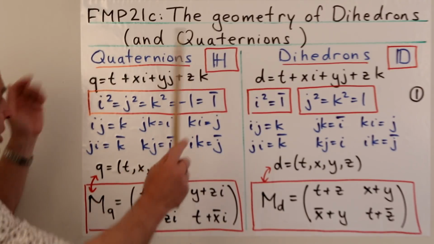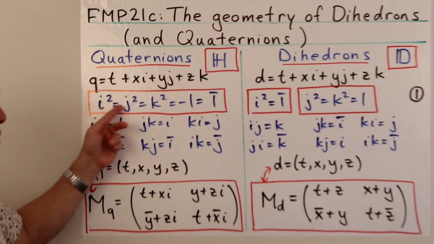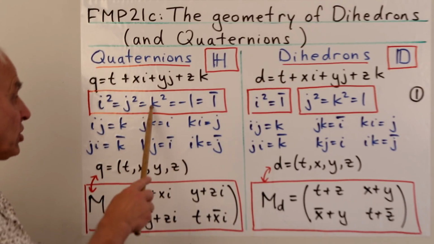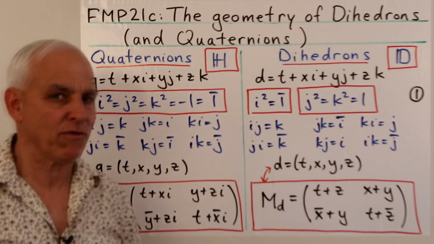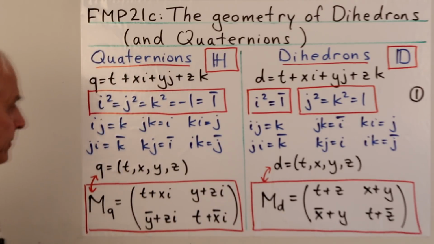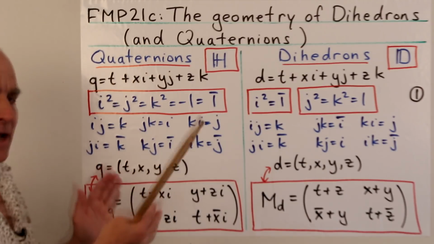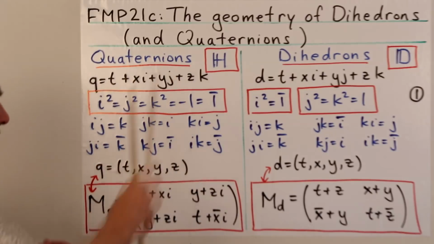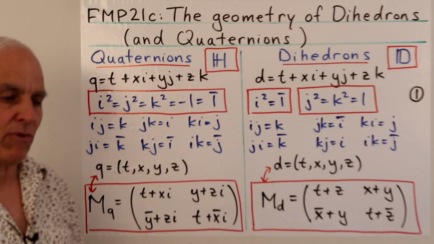So quaternions, H, are things in the form t plus xi plus yj plus zk, where i, j, and k all satisfy the property that when you square them, you get -1. And I remind you that occasionally we will use this novel notation for minus or negative, putting a bar on top. Here are the other relations satisfied by i and j and k multiplicatively. And if we want to understand a quaternion at large, one way of doing it is to use this 2x2 representation.